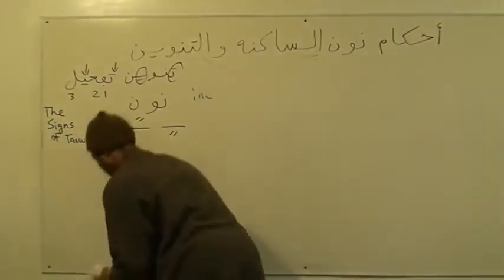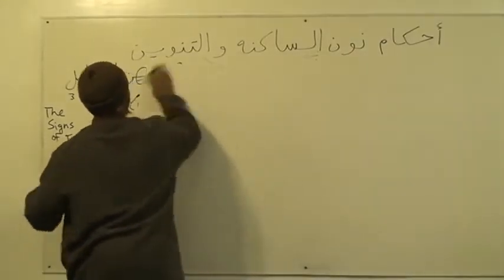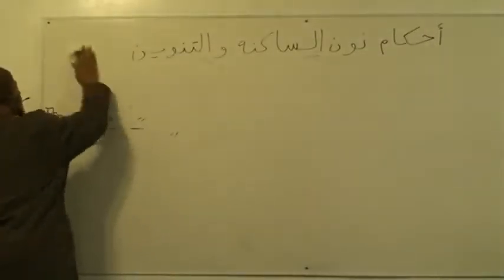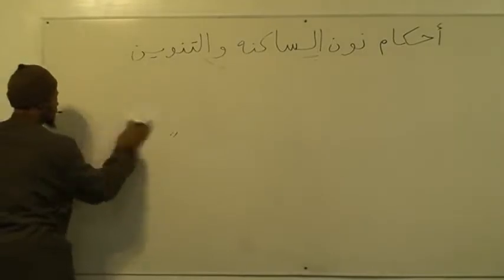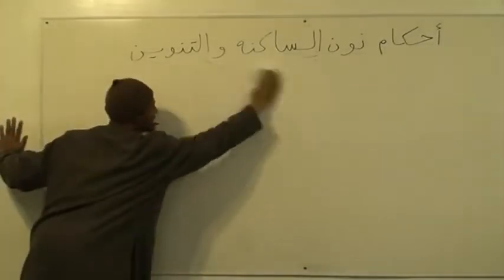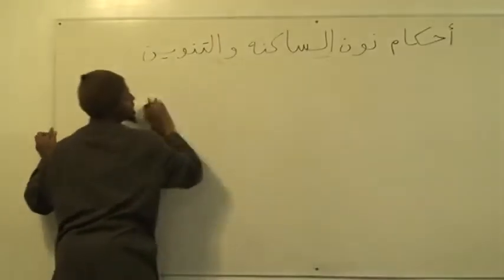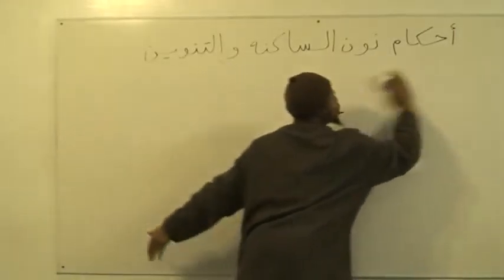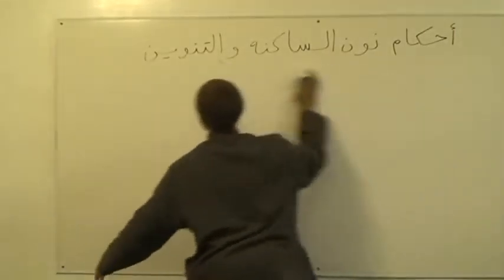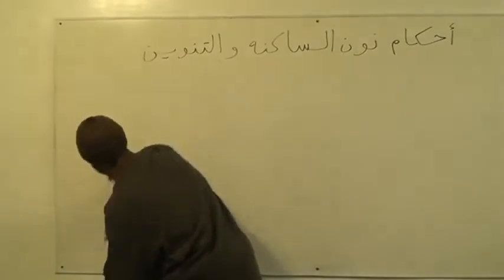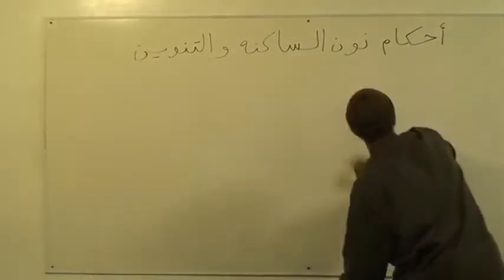Okay? So now what we're going to do, insha'Allah ta'ala, is take a look at Noon as-Sakina. Before we go, we have to know that you know exactly what we're referring to.